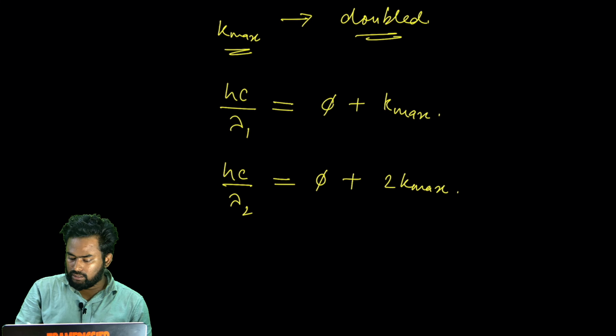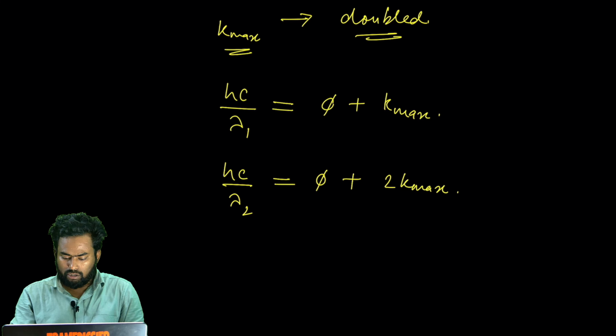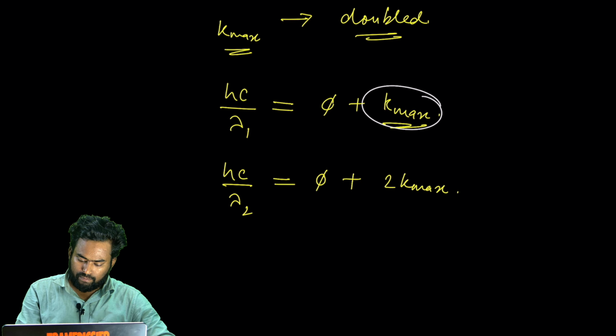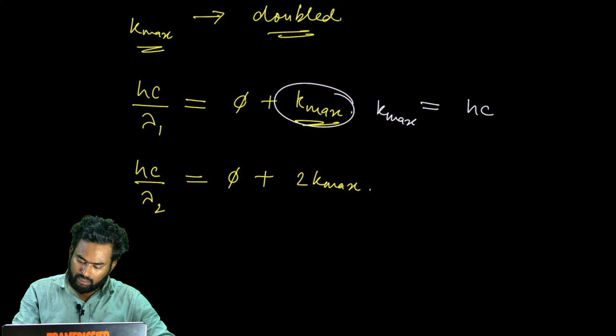So they are asking the work function, so K max we will calculate from the first equation. From this equation we will get the value of K max. So K max is hc by lambda 1 minus phi.